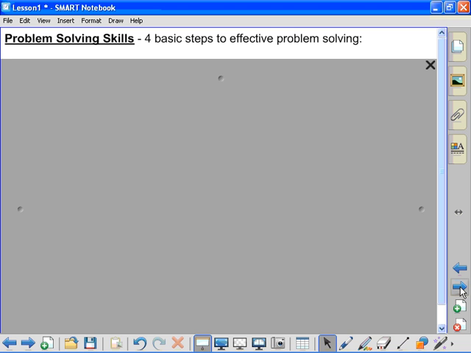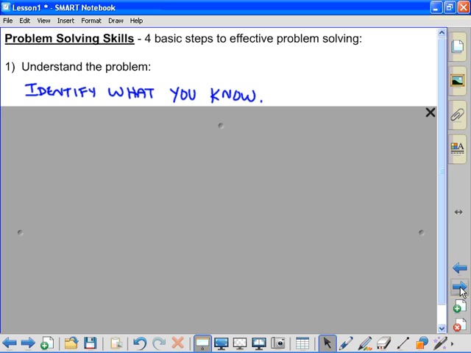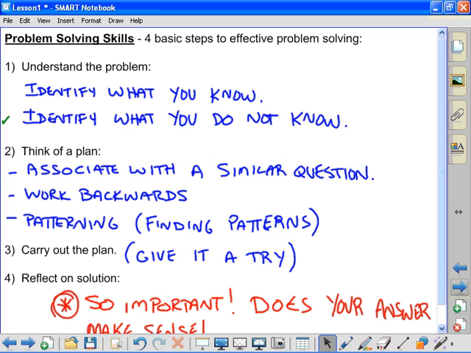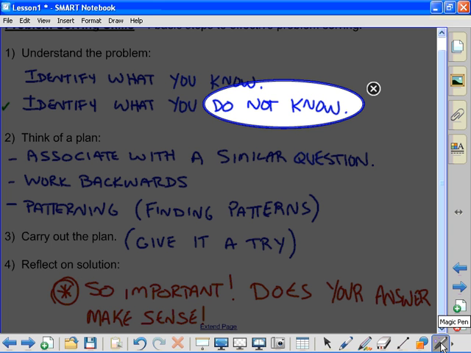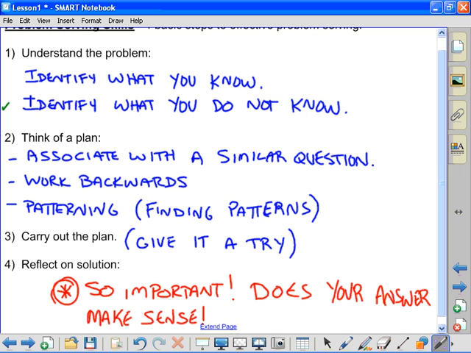So here are your 4 basic skills to effective problem solving. First, understanding the problem: you need to identify what you know, and more importantly, what you do not know. A lot of people will look at a question and not know what they're solving for, so it's very important that you start by identifying that. Next is a plan.